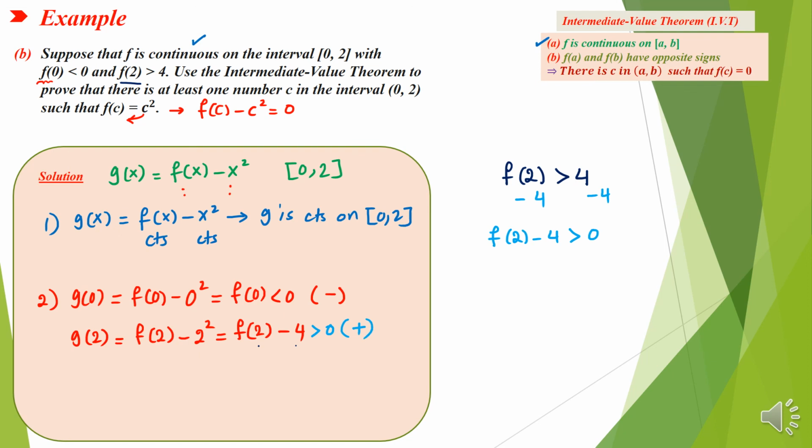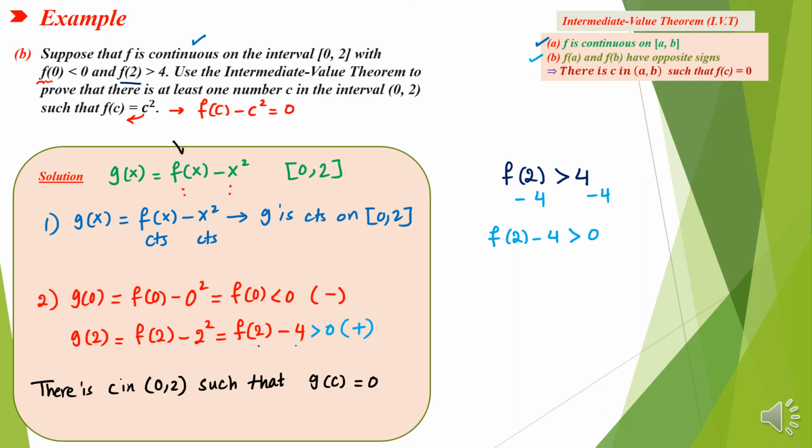So g of 0 and g of 2 have opposite signs, which means the second condition is satisfied for the given function g, and this leads to the conclusion that there is a c in the open interval from 0 to 2 such that g of c equals 0.